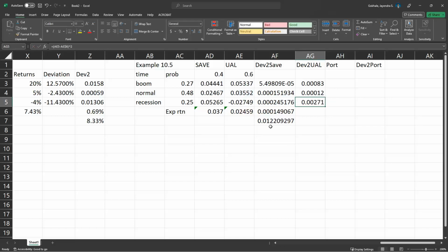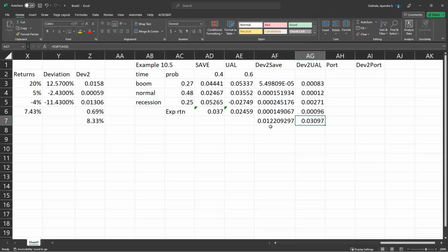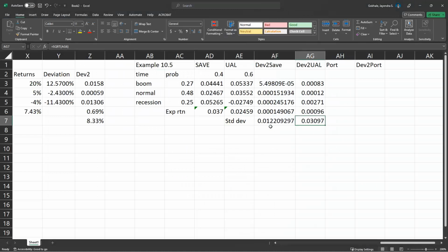So Control D, Control D, now Control R will give us the sum product of the probabilities and the deviation squared. And then finally, Control R, the square root of the above, will give us a standard deviation for United Airlines. So we'll just say standard deviation right here. And 3.1% is exactly what we got here.